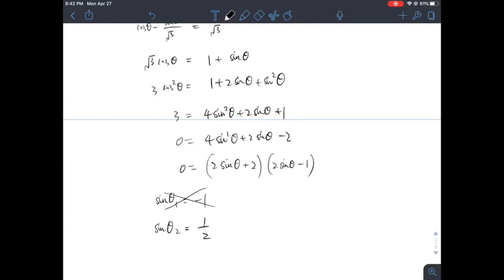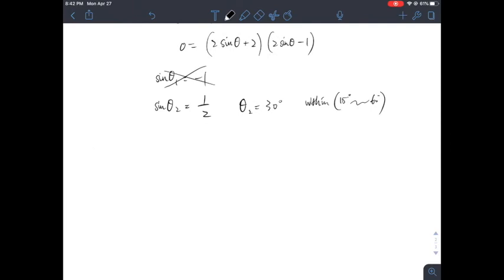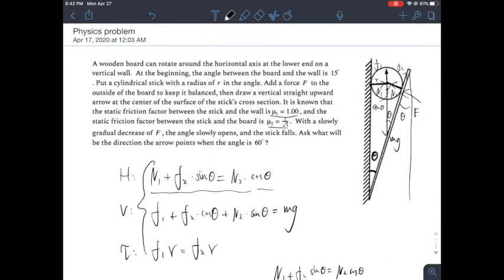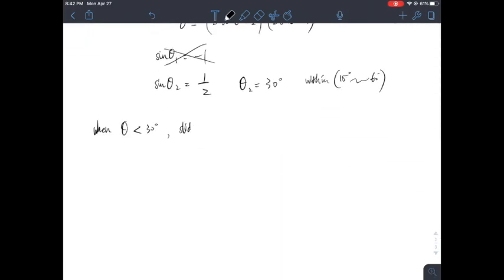The second solution, theta 2, will be equal to 30 degrees, because sine of theta 2 equals 1/2, which is within 15 to 60 degrees, an acceptable solution. So now we know the limiting case, the turning point of the sliding. If angle theta is smaller than 30 degrees, it slides to the right. If theta is bigger than 30 degrees, the stick will slide to the left because the right torque is bigger.